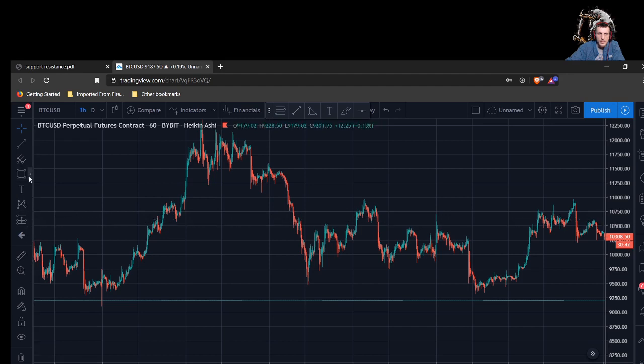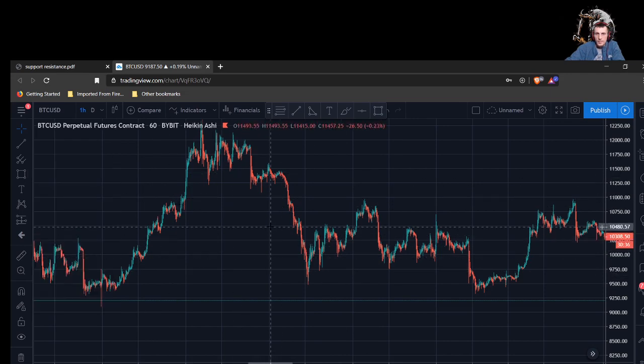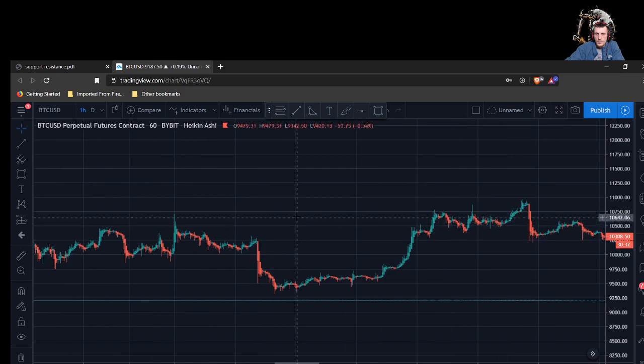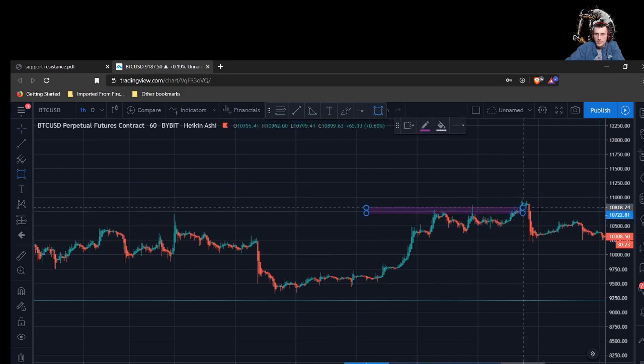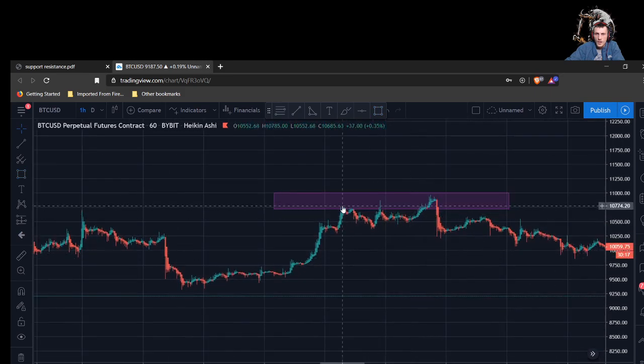Back up here. You can see we had multiple touches, here, here.